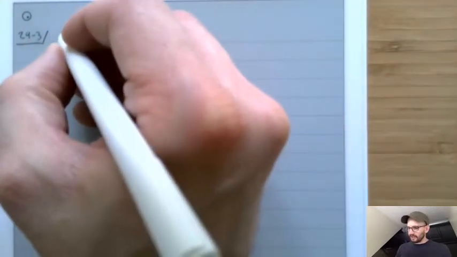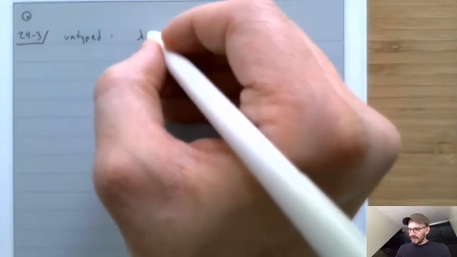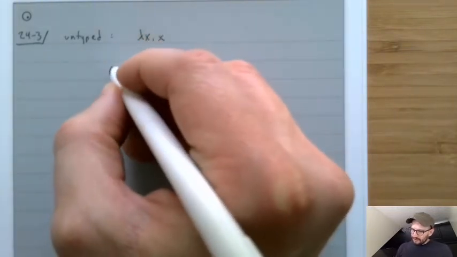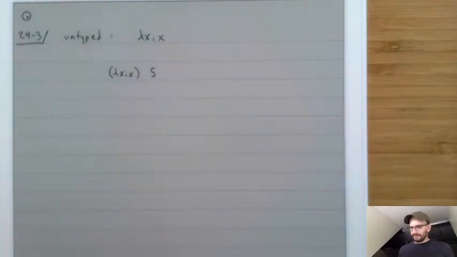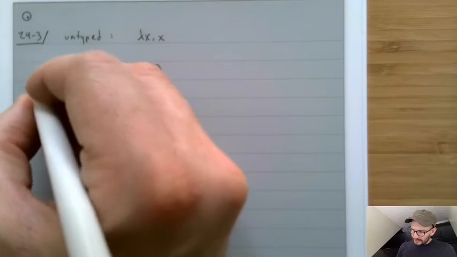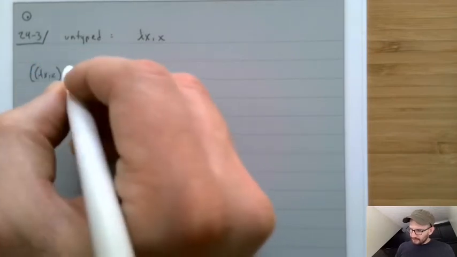Let's look at this term in the untyped lambda calculus. Lambda x dot x. So this is the identity function. It can be applied to anything. So for example, we could take the identity function, lambda x dot x, and apply it to 5. Then what we could do is we could take the identity function and apply it to plus.